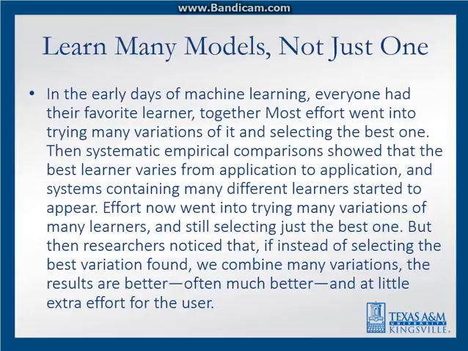Effort now went into trying many variations of many learners and still selecting just the best one. But then researchers noticed that if instead of selecting the best variation found, we combine many variations, the results are better, often much better, and at little extra effort for the user.